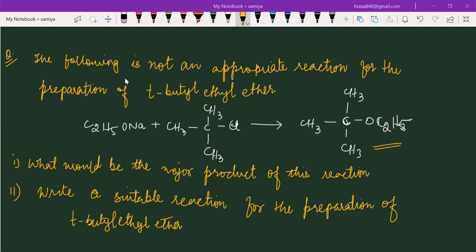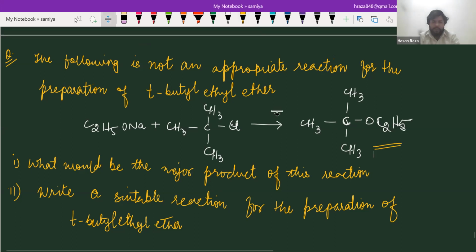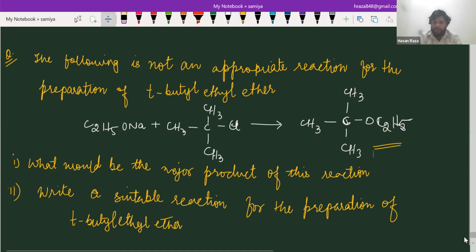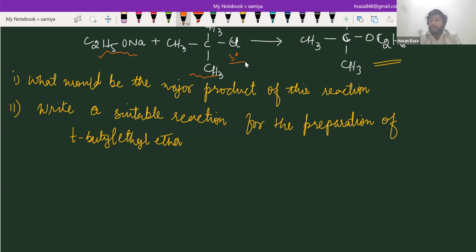So I can't follow the second answer. The first one, what is the answer for the first one? See, whenever an alkoxide will be reacting with tertiary alkyl halide, then whatever is here will become alcohol, and this part will become CH3CH=CH2.